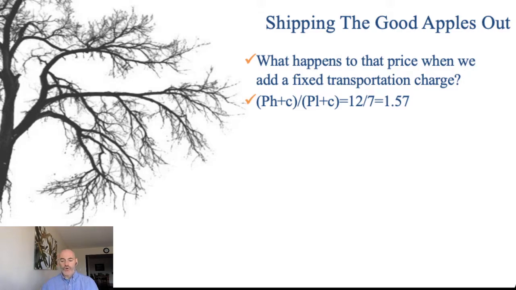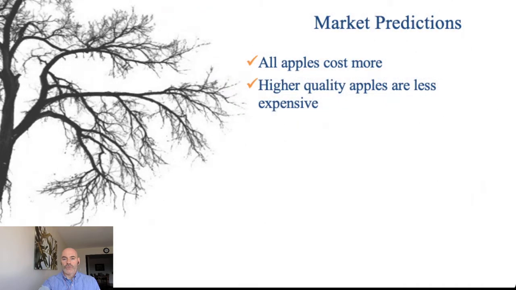All right, let's keep going, because the most important for us is to understand how to apply Alchian and Allen theorem in this case. So all apples cost more. That's number one. And this is where you have to start your analysis. Once you add transportation charge, all apples, high quality apples and low quality apples, cost more, and thus people on average will consume less apples because of the first law of demand.